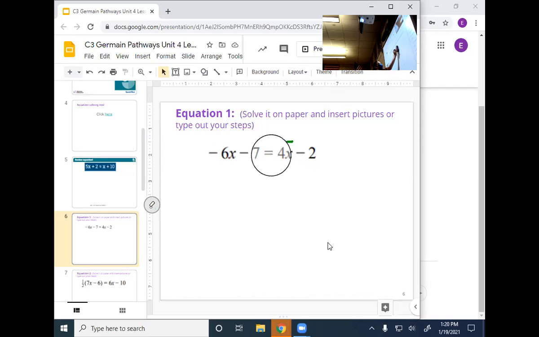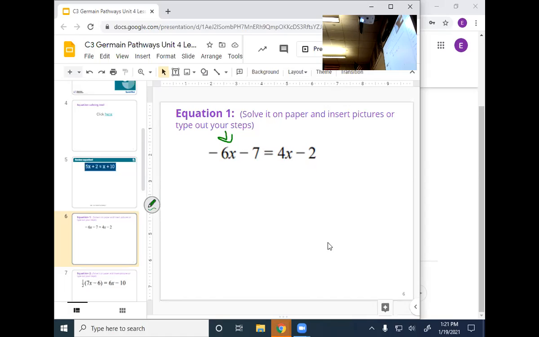So that means this guy is going to need to move over to the right side. When we move whole things together, x's together, we can only do 2 operations. Which operations can we do here? Avery? Addition or subtraction.